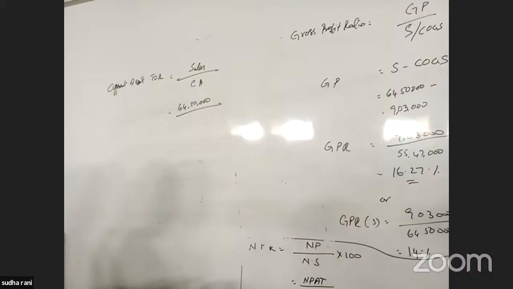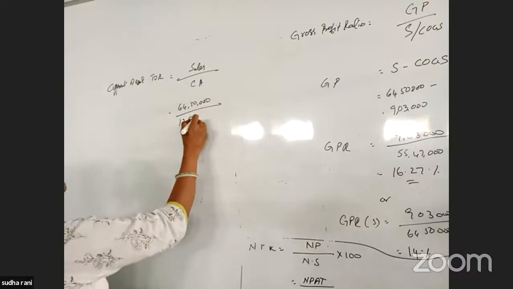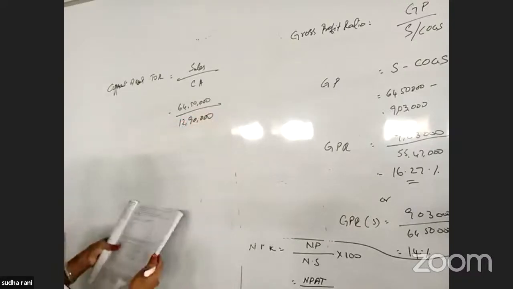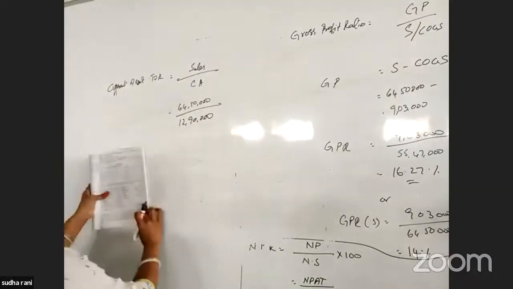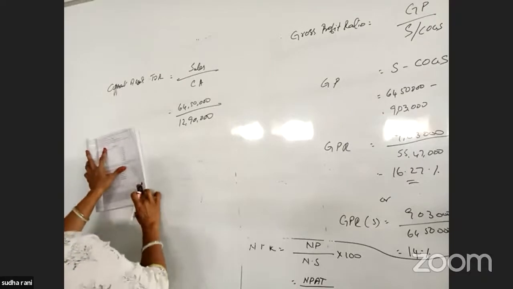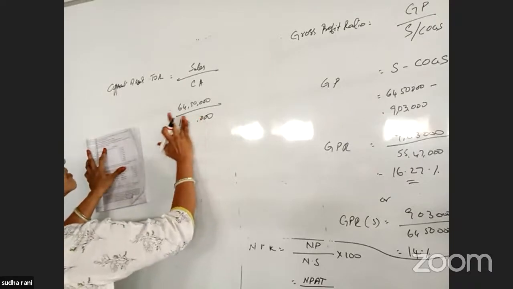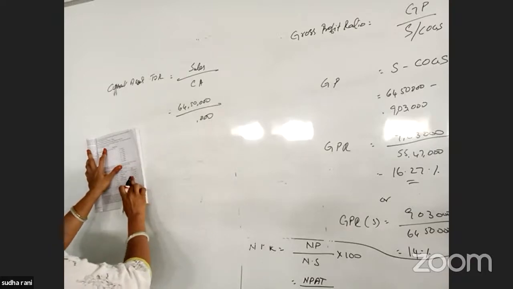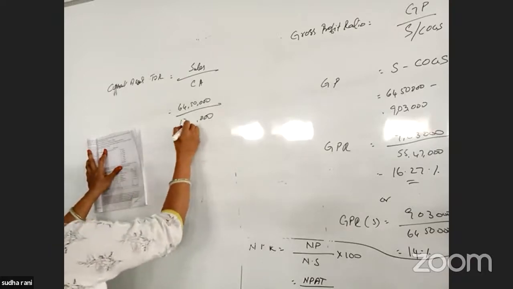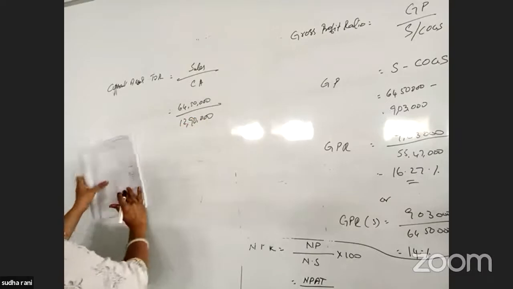So the total is 12,90,000. Yes, 12,90,000 is the current assets total.